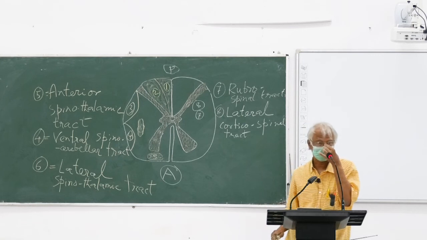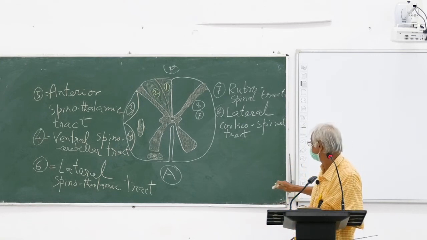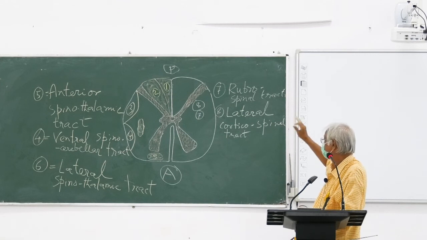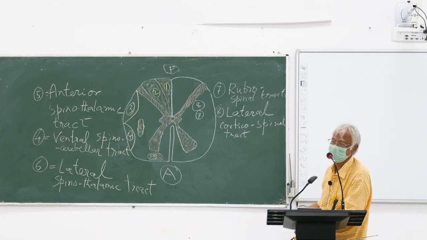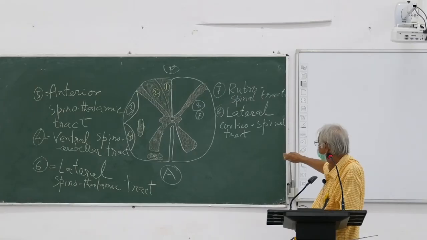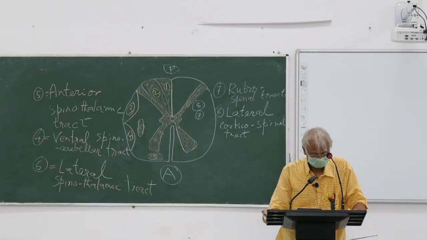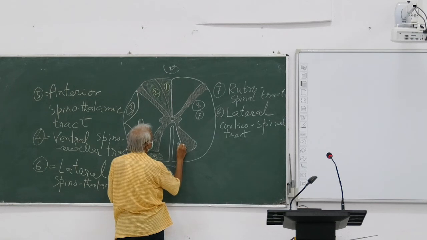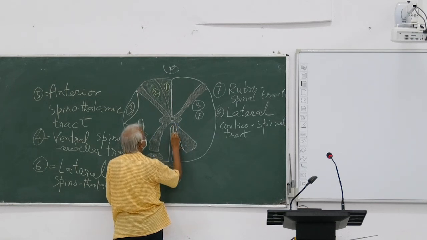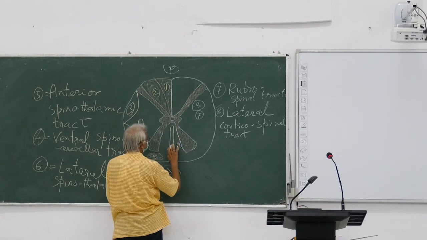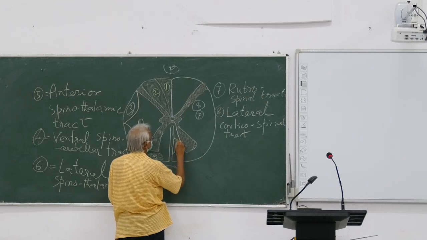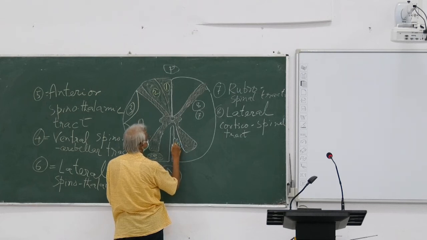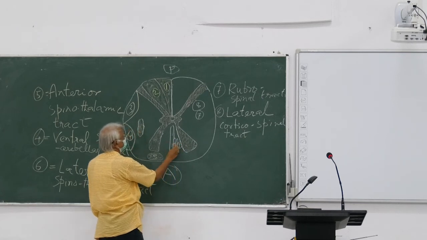But for better clarification, and so that it does not get jumbled up, on the left side only I have drawn the ascending tracts, and on the right side only I have drawn the descending tracts. 8, 10, 9, 10, 11.